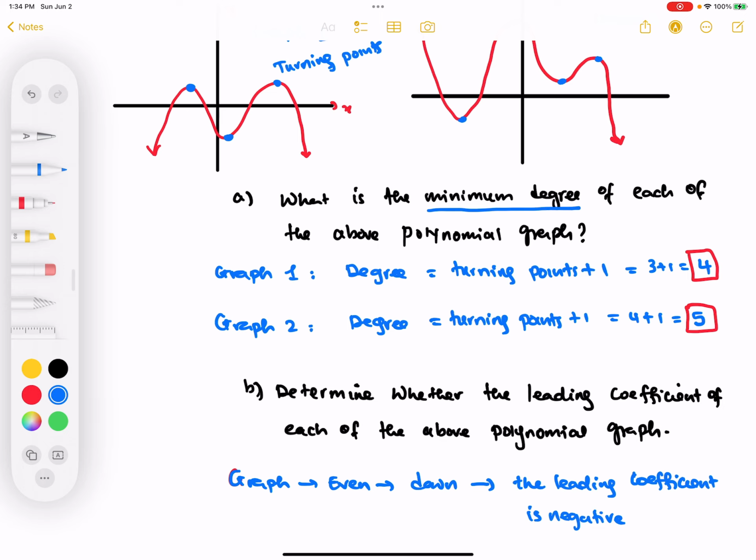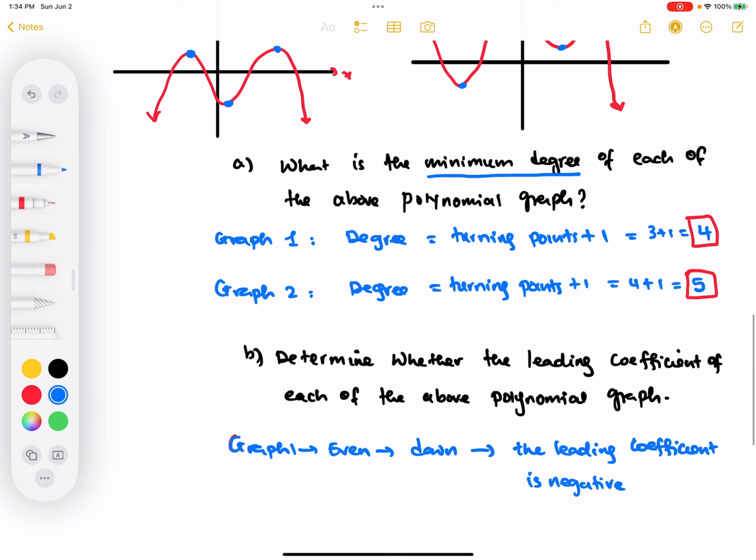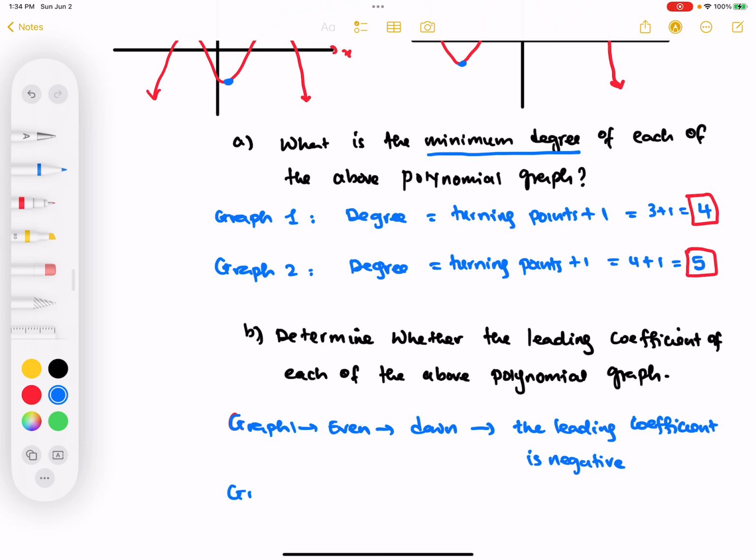Now, when you come to the second graph, graph 2, it goes up and down, that is an odd graph. The end behavior is, on the right side down, on the left side up, right? So this tells you that the leading coefficient is negative as well.